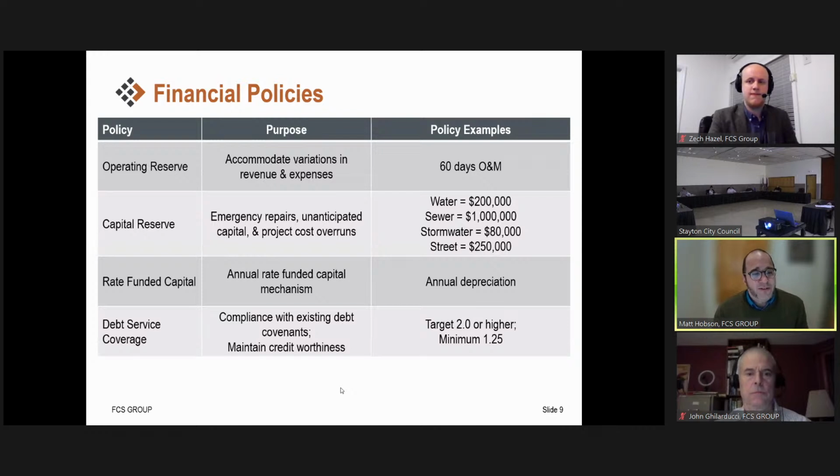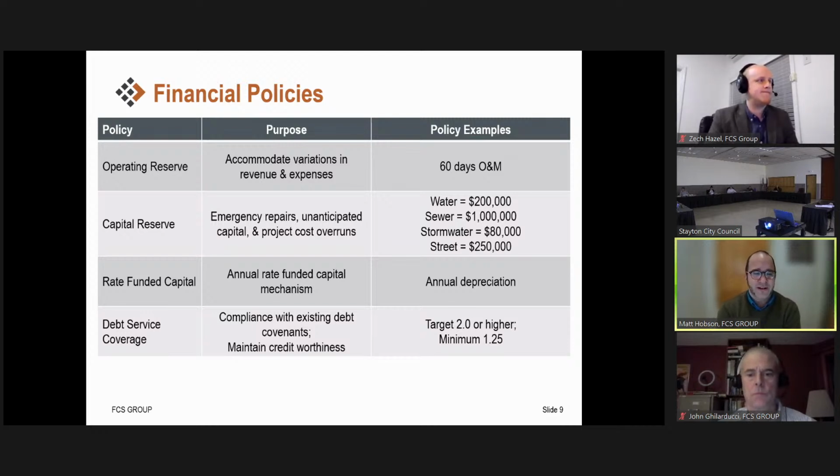So the starting point that we oftentimes look at is the foundation of a rate study, which is the financial policies. And in general, they include the financial reserves, and we'll cover those briefly here. The numbers you'll see today reflect achieving a minimum operating reserve consistent with the city's practice of the equivalent of 60 days of operating and maintenance expenses.